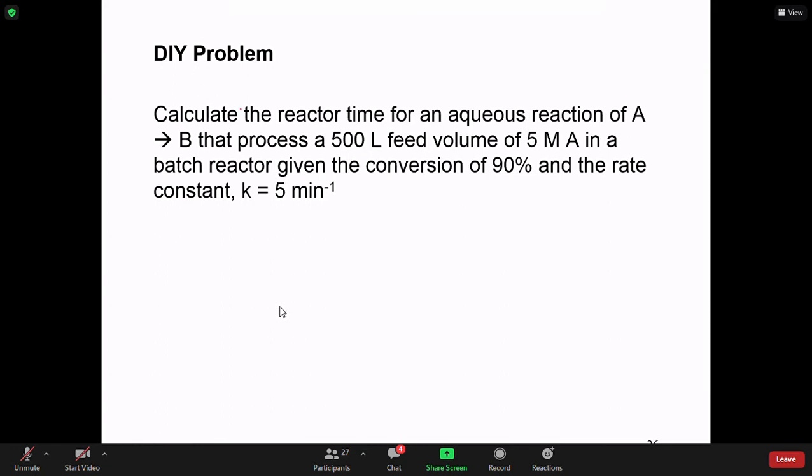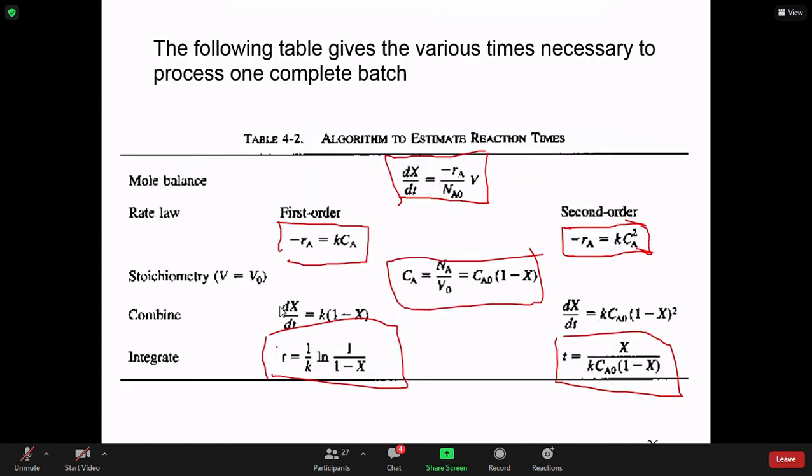The question asks you to calculate the reaction time for an aqueous reaction of A to B that processes a 500 liter feed volume of 5 molar A in a batch reactor. So it's a batch reactor. Given that the conversion is 90% and the rate constant is K, you can use this to find the time.